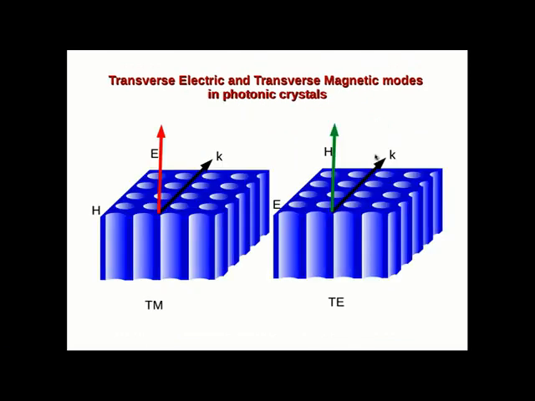In the case of photonic crystals, the situation is different. The convention that has been accepted by the photonic crystal community all over the world goes like this: if the electric field is normal to the direction of propagation, or to be more precise, the plane of propagation, as light is launched into this photonic crystal, it spreads in the plane of this photonic crystal.